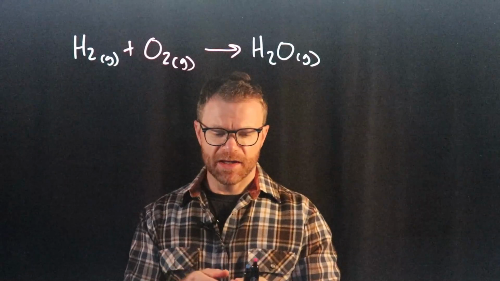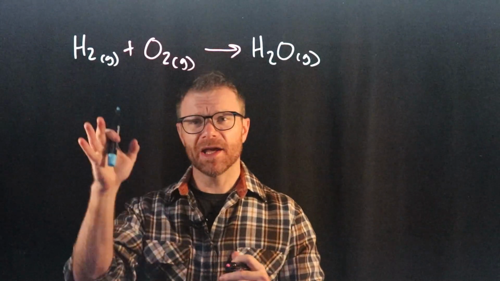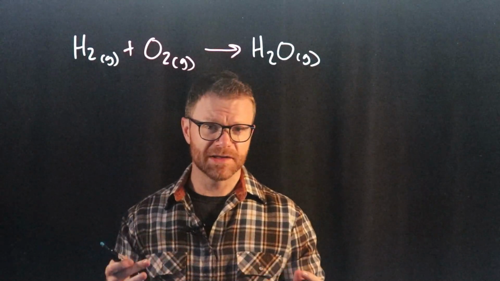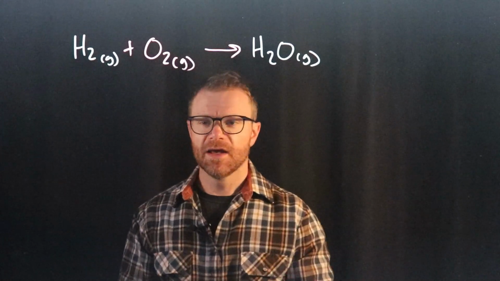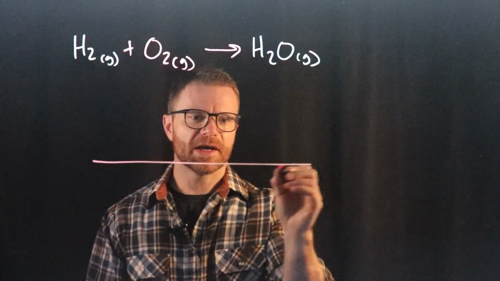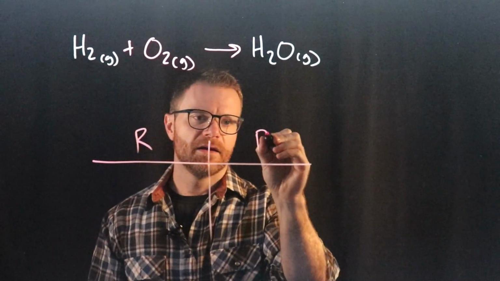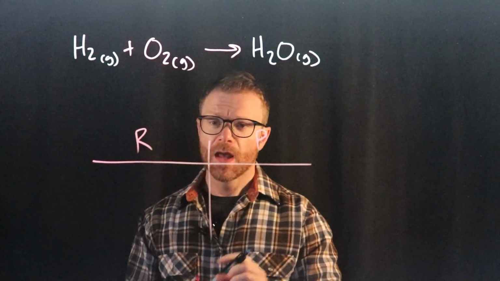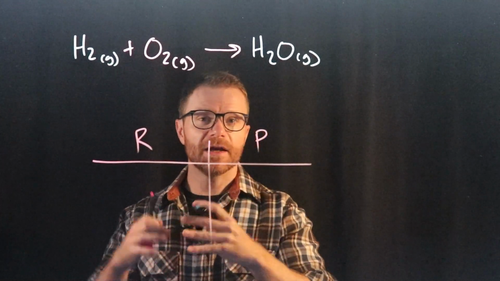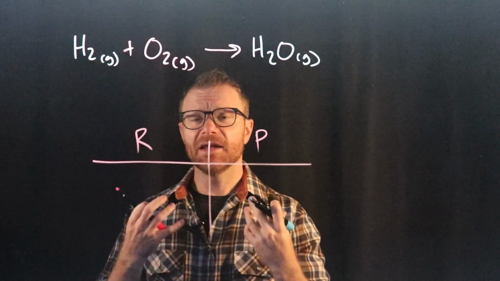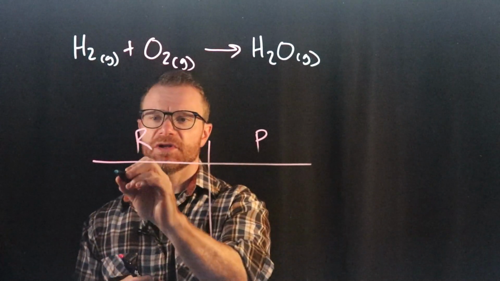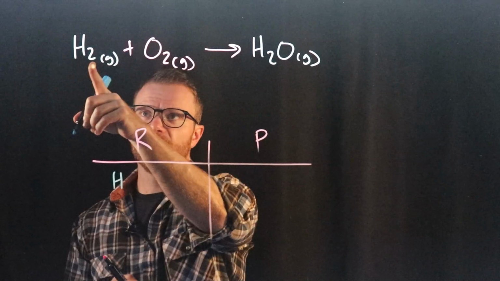And so let's begin by just counting up how many hydrogens and oxygens are present in our reactants and products. The way I like to do this is I make a table, reactants on one side and products on the other. And then I go through and look at each individual element and inventory them. So hydrogen, in my reactants, there's 2 of them.